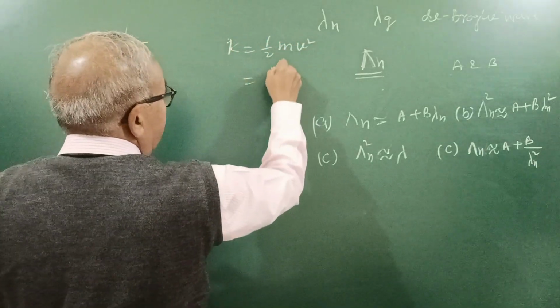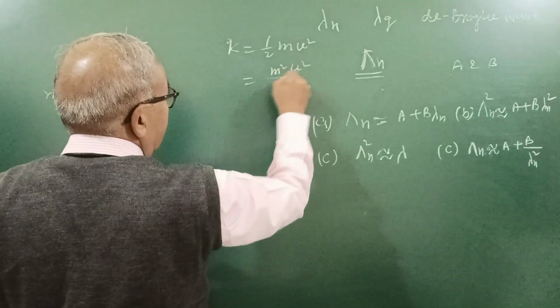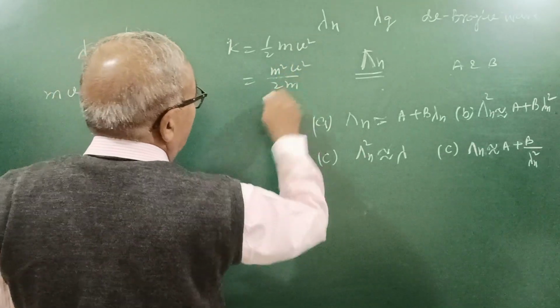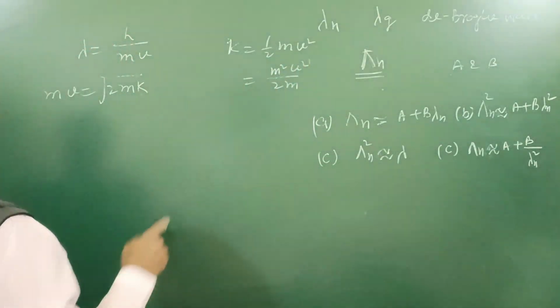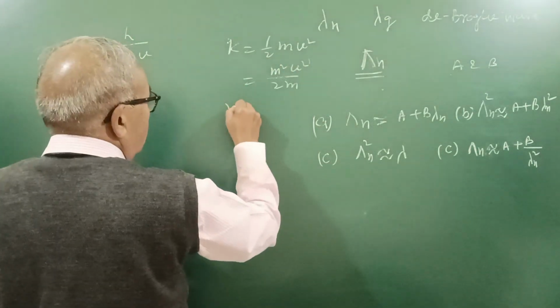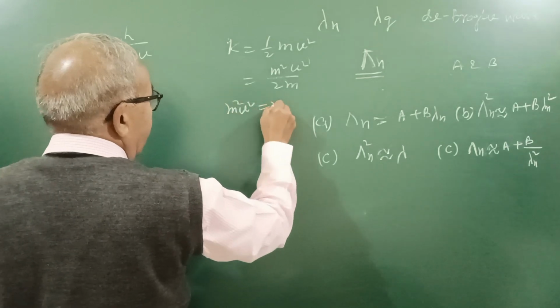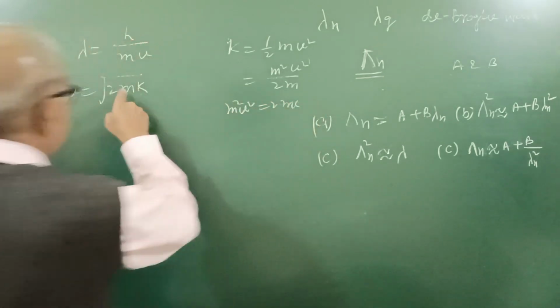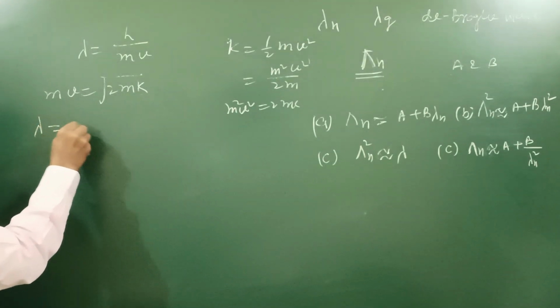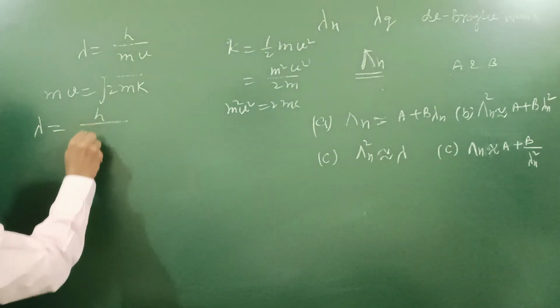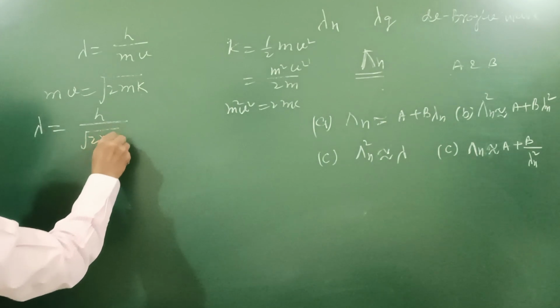Multiply and divide by m, so m square v square is equal to 2mK, and hence lambda comes out to be h upon under root 2mK.